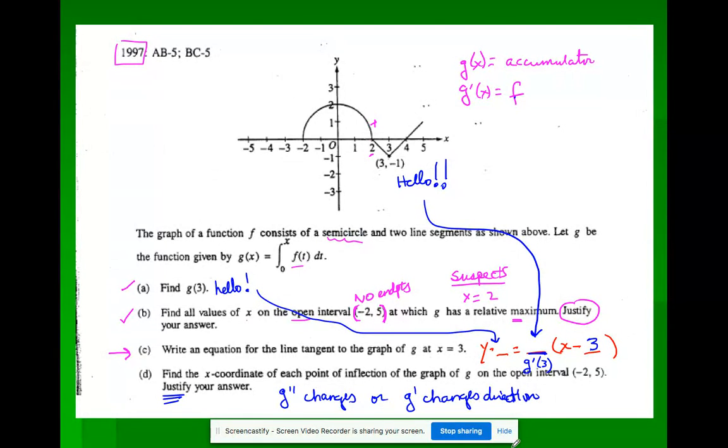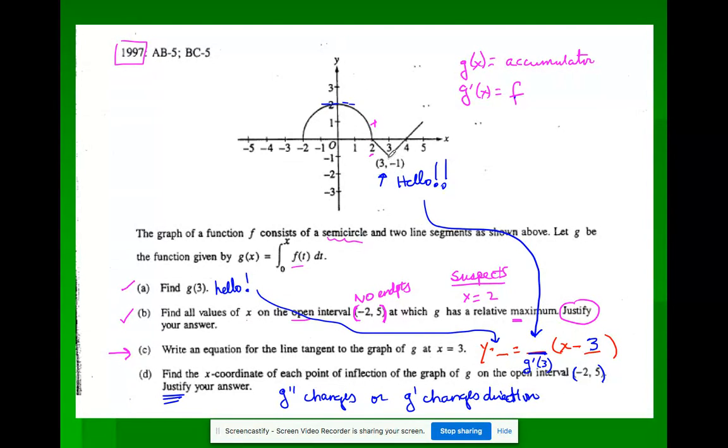So, and again, open interval, well, that's more obvious because you can't have a change of concavity and endpoint. So look at the graph of f. It changes direction here, and it changes direction here. Right? So both, even though this is a point of differentiability, this is a point of non-differentiability, but that's okay.